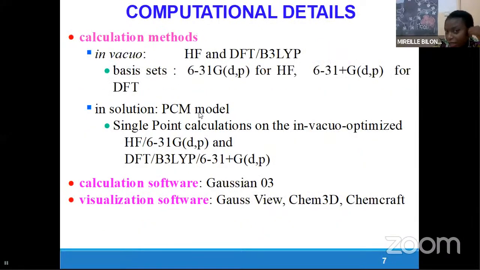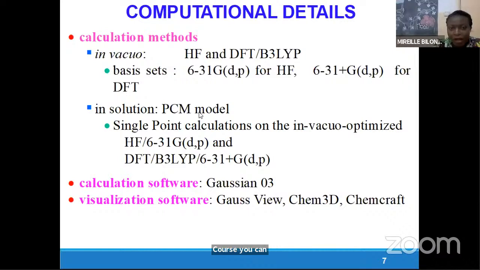And as computational method, we have done calculations in vacuum utilizing the Hartree-Fock and the DFT method. And in solution, we have also used a PCM model, and the calculations in solution we performed as single point calculations on the molecules. As software, we have used Gaussian 03, and for visualization, Chemcraft.